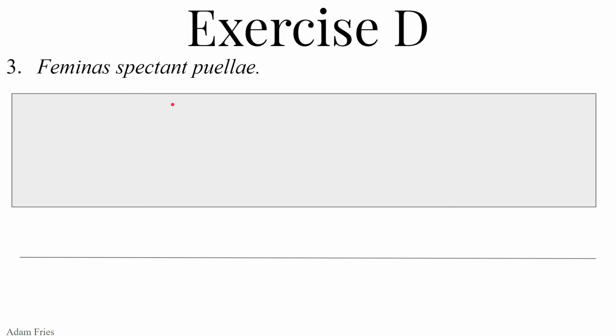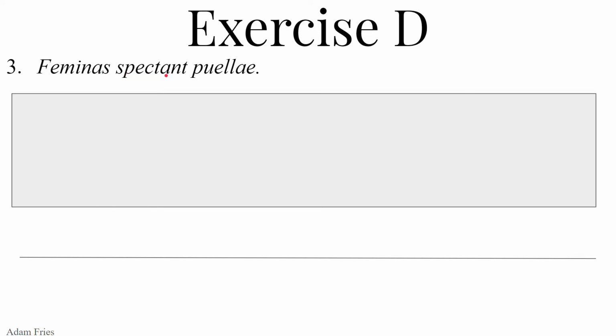3. Feminas spectant Puellae. So feminas, from feminae, feminine woman. Os ending, accusative plural. Reasons for accusative, direct object or motion towards with ad. There is no ad, so it's direct object of some verb.